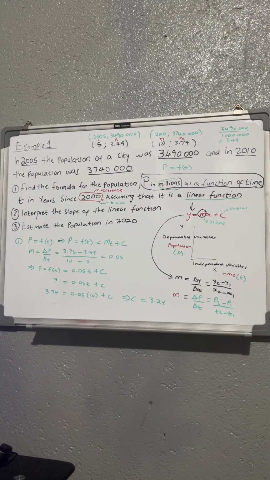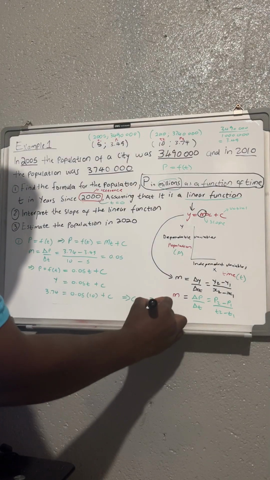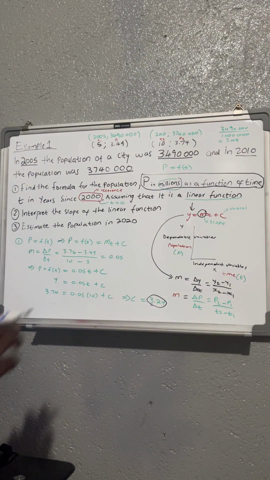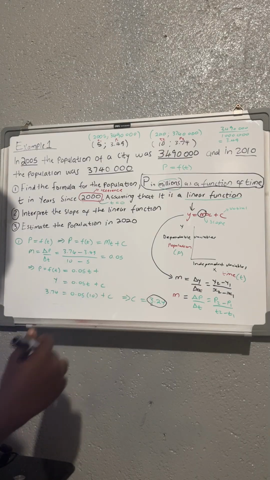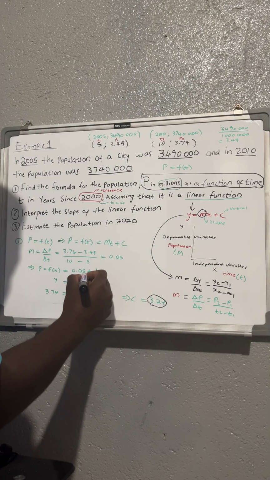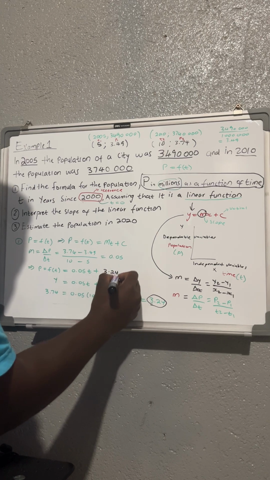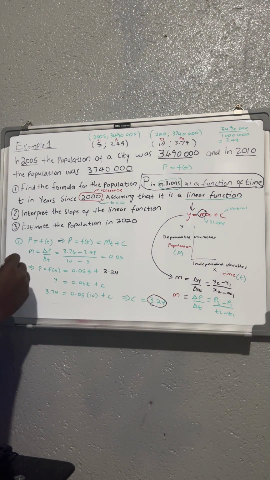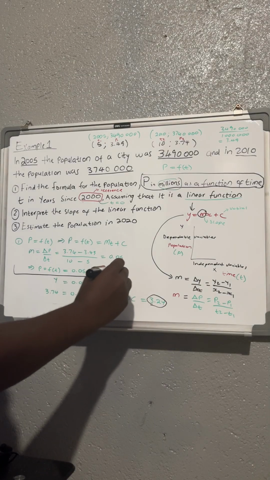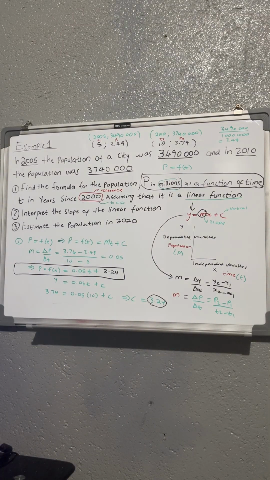So now you can go back and write this formula since you found this C, that now you have your final function as 0.05 T plus 3.24. So this would be the final answer for your number one. I just hope that was clear and everyone understood up until this point.